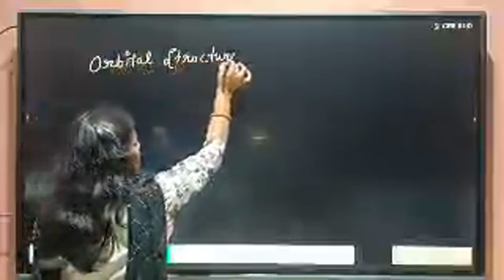orbital structure. Carbanion. Carbon has negative charge.